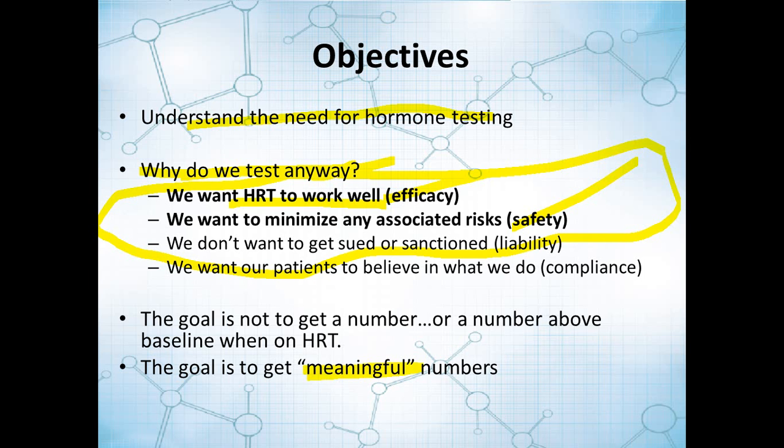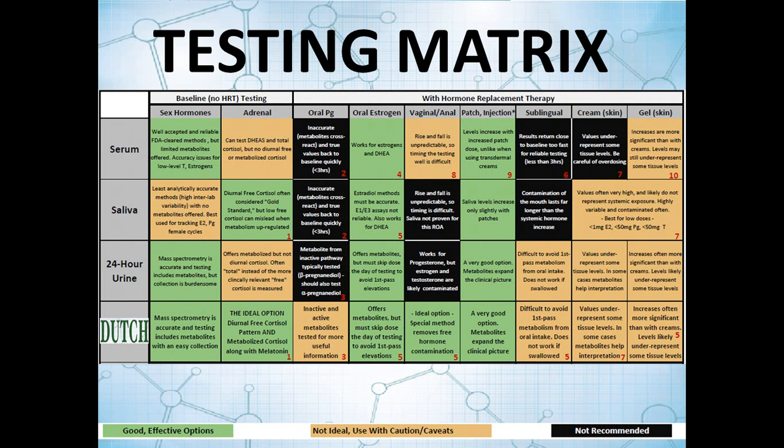And when you look at this chart, it's my attempt at creating a guide to help people with that, to say, look, in what cases do we need to not lean very heavily on the labs? If you are a serum tester, the oral progesterone value, I wouldn't put a lot of stock in that, but an oral estrogen value actually works pretty well.